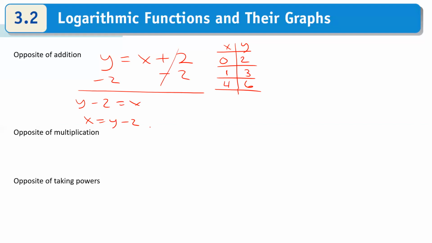So notice what happens here. If I plug in a 2 for the y, it gets me 0. Plug in a 3, 1, a 6 gets me the 4. Are we good? So we're doing the opposite of our operation, which switches my x and y to go backwards. We're doing a backwards way here.